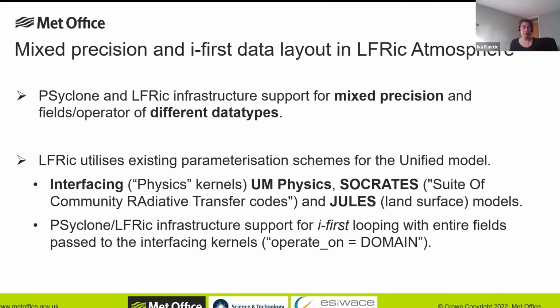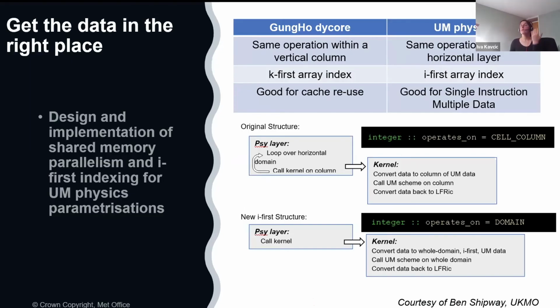So what we have implemented in LFRic infrastructure and PSyclone is the so-called domain kernels, which pass not columns of data to a kernel, but the entire field, for the parameterization schemes to operate on them. As I said, the physics has the same operation within a horizontal layer. These slides are courtesy of Ben Shipway from the UK MetOffice.